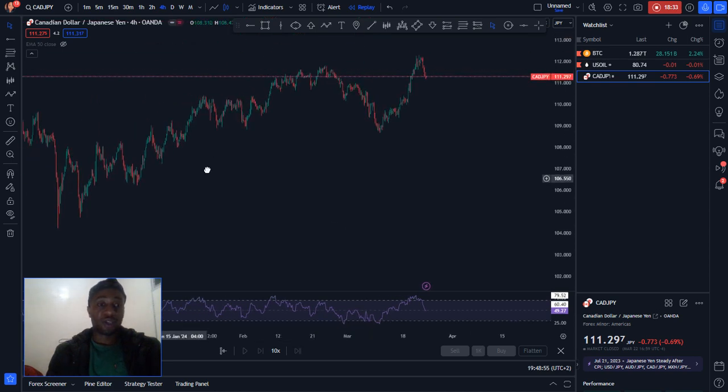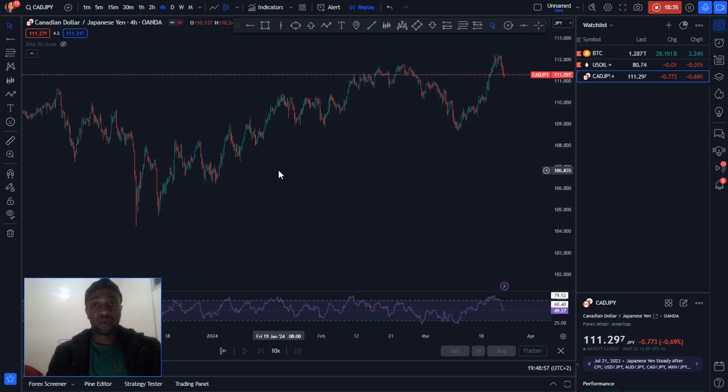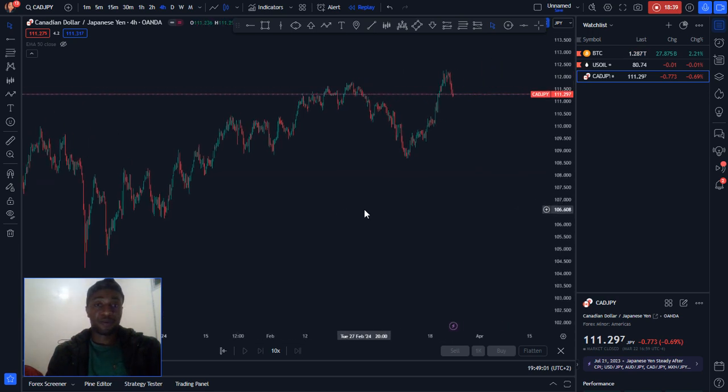We need to also use that to make use of our strategy using support and resistance or trend lines and all of that. Okay, so this is going to be part 3A. We are done.